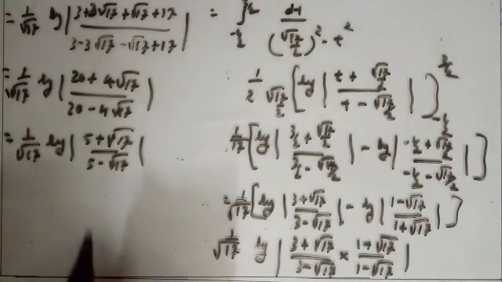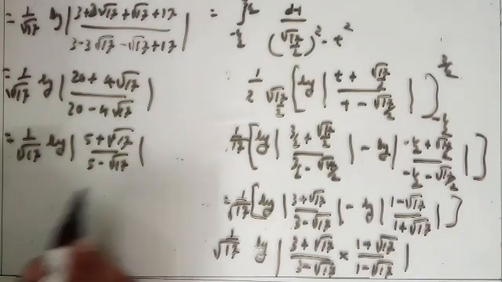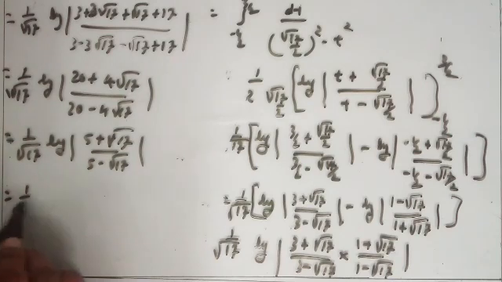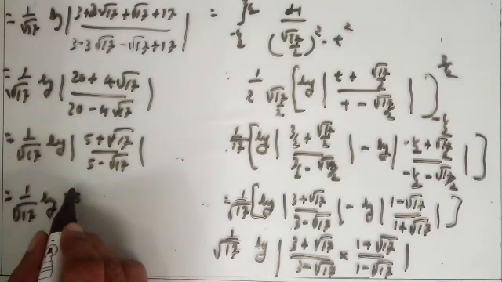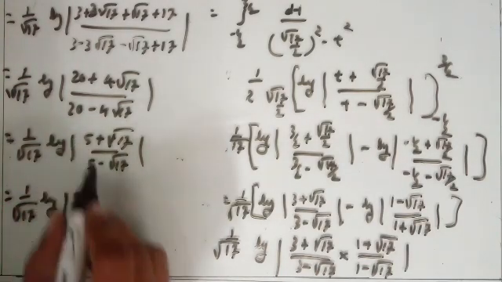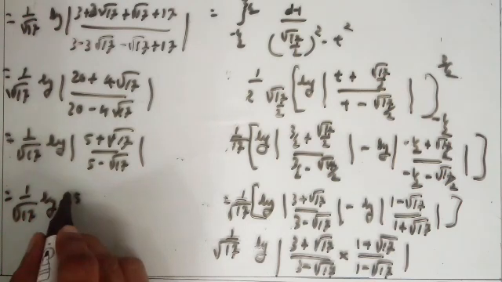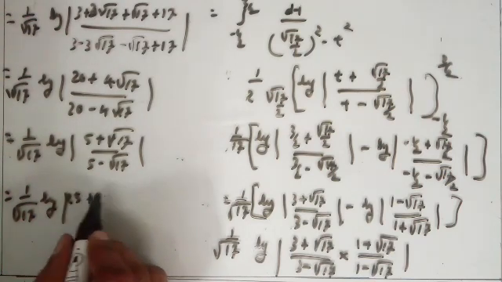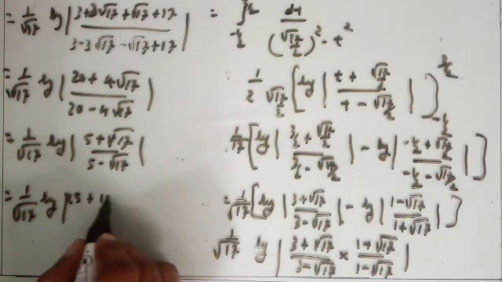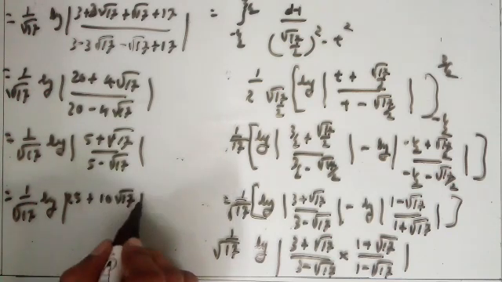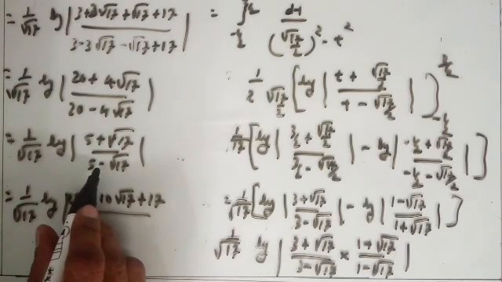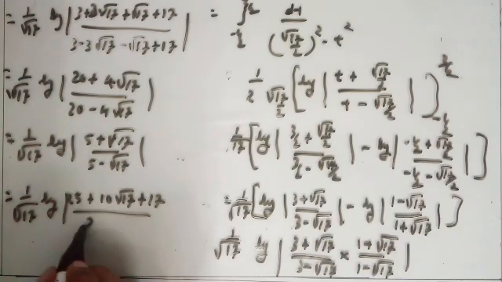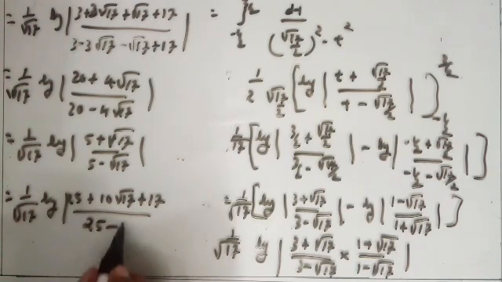Now multiplying by the conjugate of 5 plus root 17, we get 1 upon root 17 log of (5 plus root 17) square. 5 square is 25 plus 2 into 5, that is 10 root 17, plus root 17 square, that is 17, upon 5 minus root 17 times 5 plus root 17 becomes 5 square minus 17.